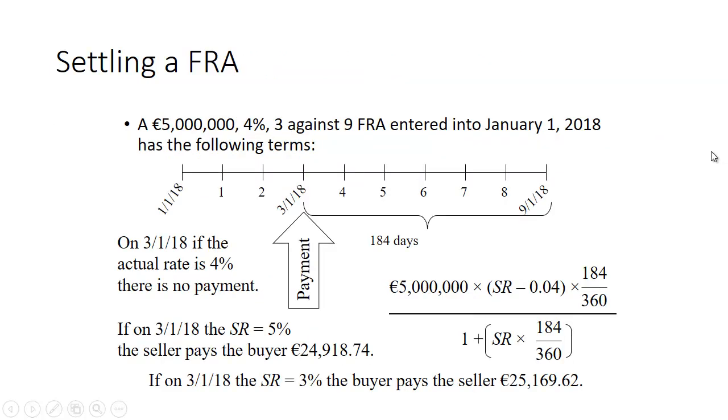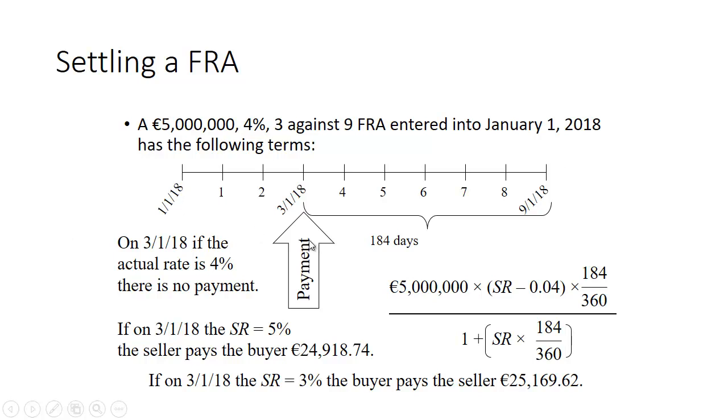Let's take a look here at a numerical example. So you have a 5 million euro, 4%, 3-against-9 forward rate agreement entered into January 1st of 2018. So here's January 1st, 2018.